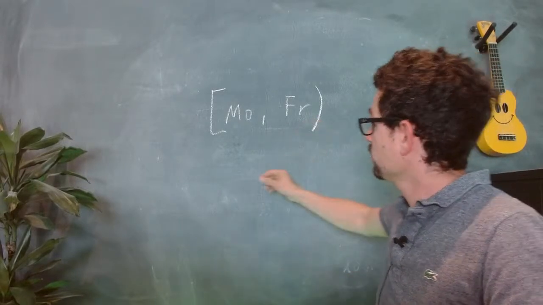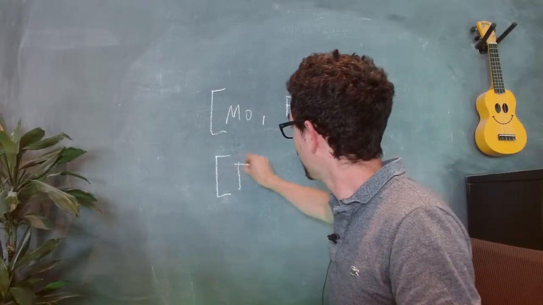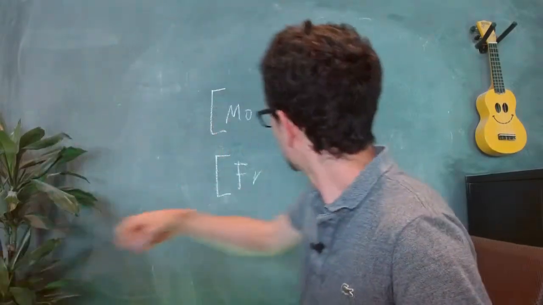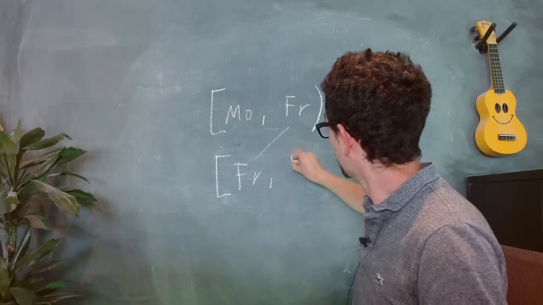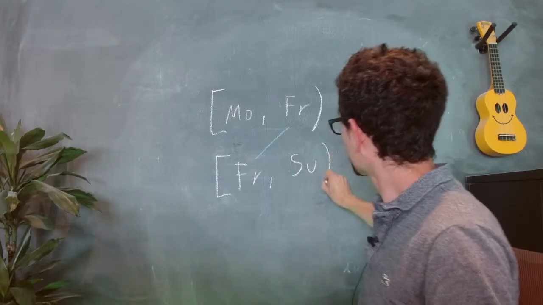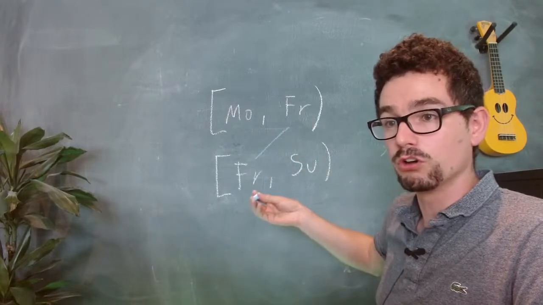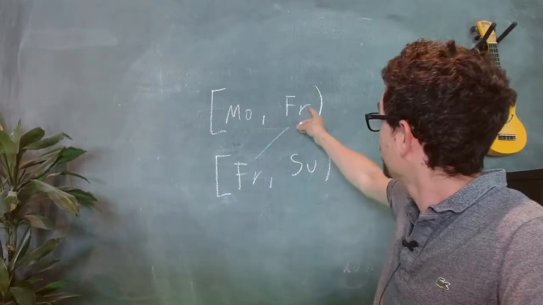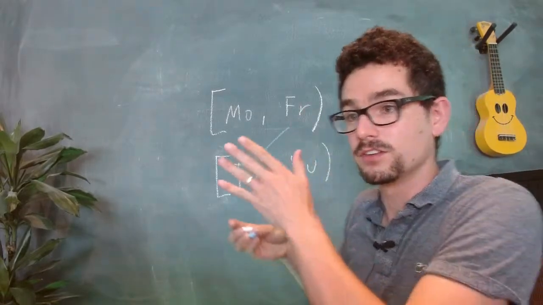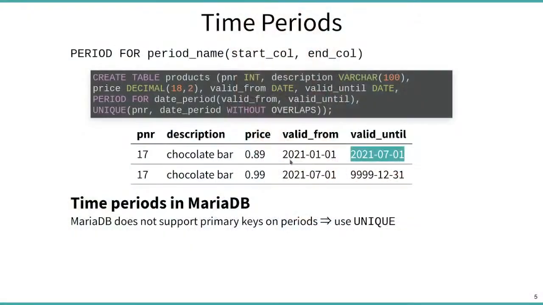This makes it possible that the next interval can start on the date where the previous interval ended. So from Friday to Sunday would be the next interval. And these intervals do not overlap, even if both have the Friday, but this does not really have the Friday, and it ended 1 time unit before the Friday.